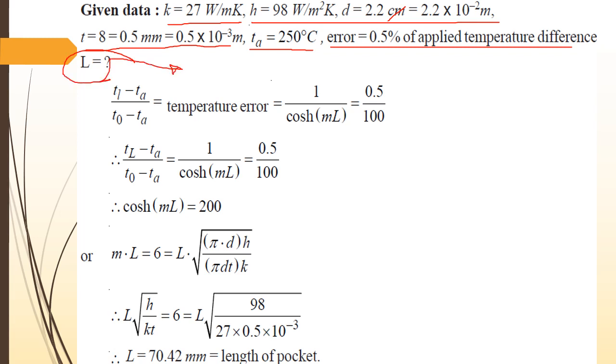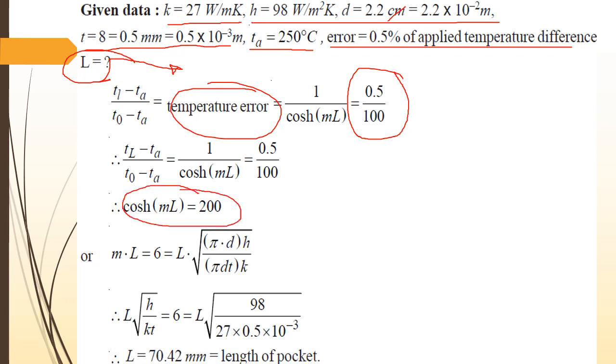So (TL - TA)/(T0 - TA), that is the error in the temperature measurement, is 1/cosh(mL). We want less than 0.5%, that is 0.5/100. So (TL - TA)/(T0 - TA) = 0.5/100. So cosh(mL) is 200. Now what is mL?